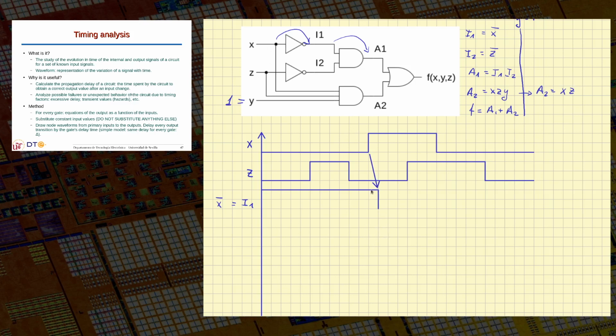And the time spent from here to here is one delay, one delta. I will not write it here, just not to make it a bit messy, but it's something like that. I will use some different softer color here, so this transition will cause this transition here. Again, that's it, okay?